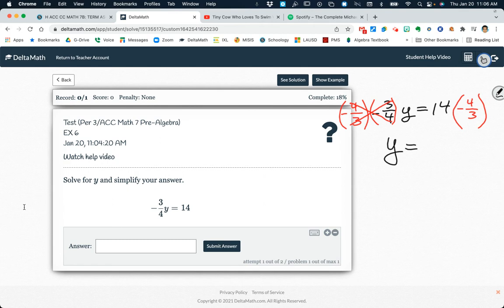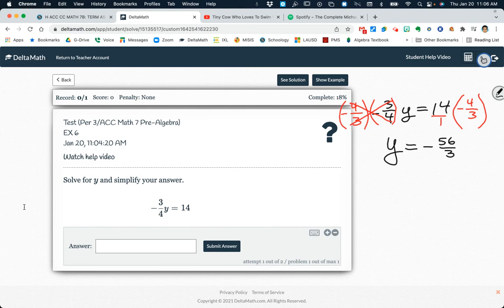Okay? And what are we doing here? We're going to do a positive times a negative, so that's negative 56. Thirds. All right, I got negative 56 thirds.